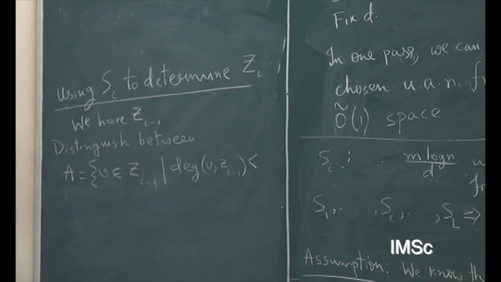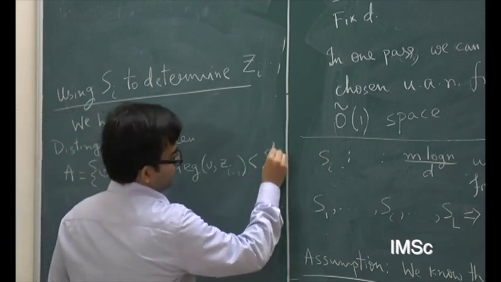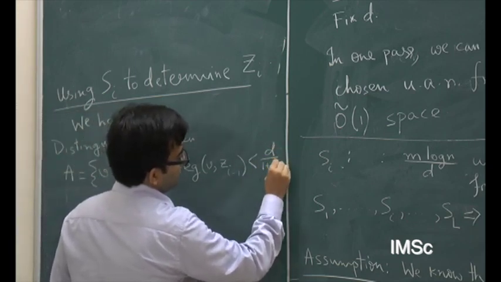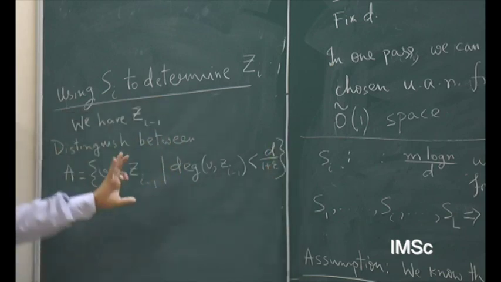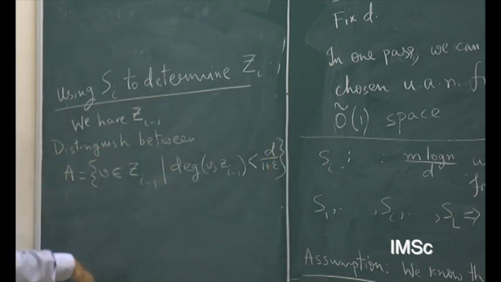This is degree less than d. Let me just introduce some slack and say that I'll just be fine. You can figure out that nothing will change much, okay, if you just introduce this slack.